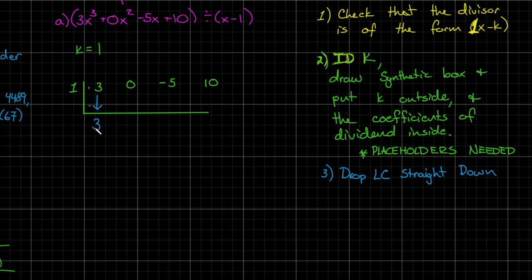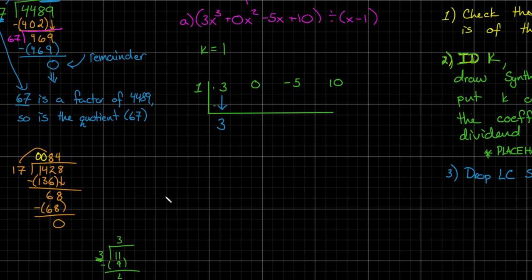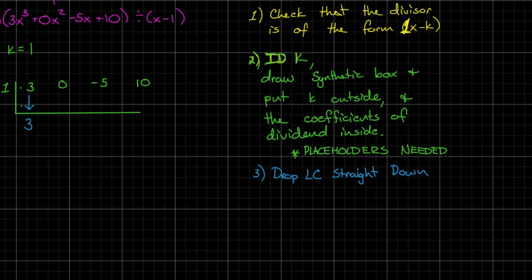Here's the weird part where there's no nice way to say this. When we look at long division, just regular old number long division, whatever I write here, I multiply by this, yeah? Whatever I write here, I'm going to multiply by this. So what I have in my directions, and if we need to change this, we can. We're going to say, now we're just going to kick it off.